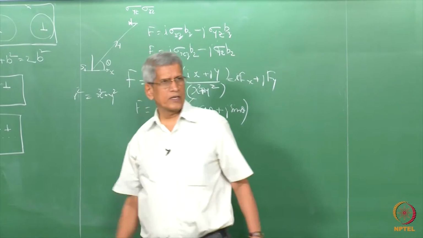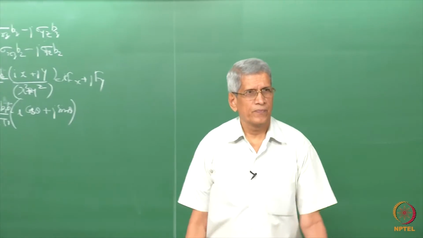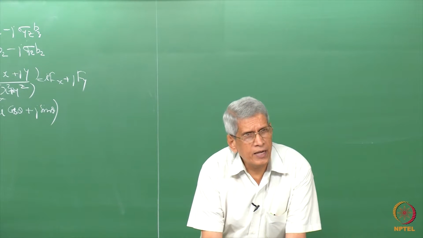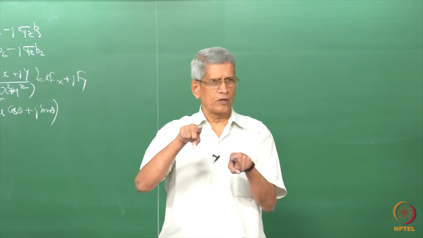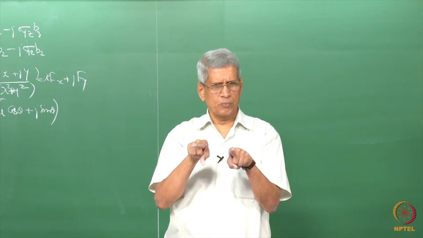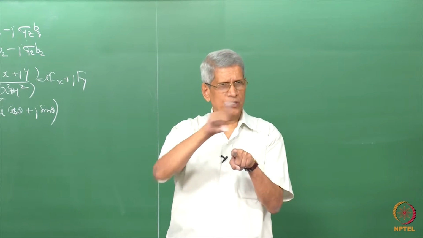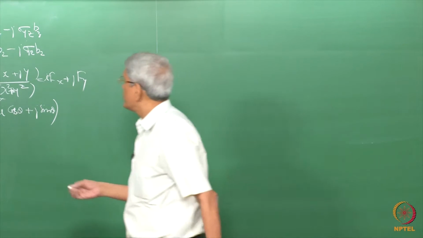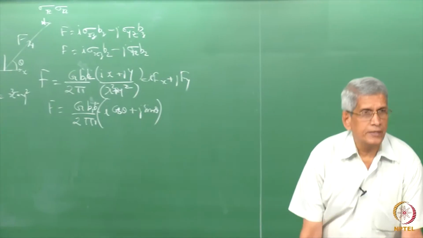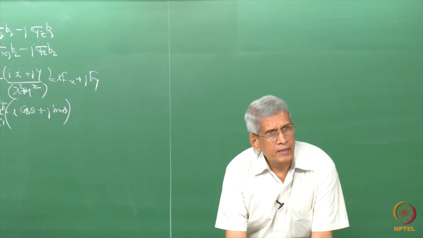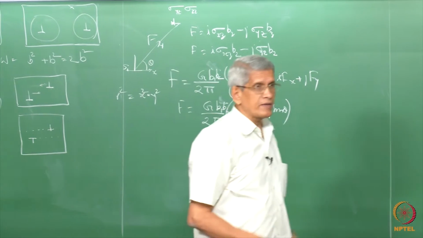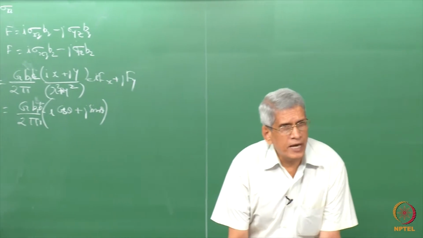In any direction, for a screw dislocation, if the dislocations are lying parallel to each other, it does not matter where it is with respect to a distance r, the same force is going to act, and the direction in which the force is going to act is along the line joining, the line perpendicular to the two dislocation lines, correct? That is the direction in which the force will be acting.